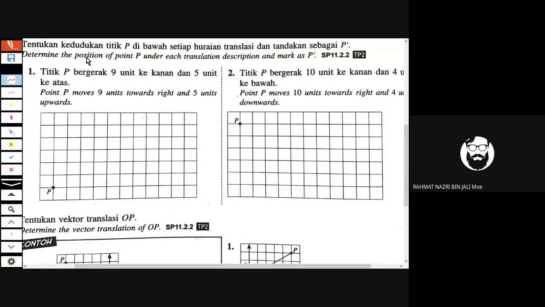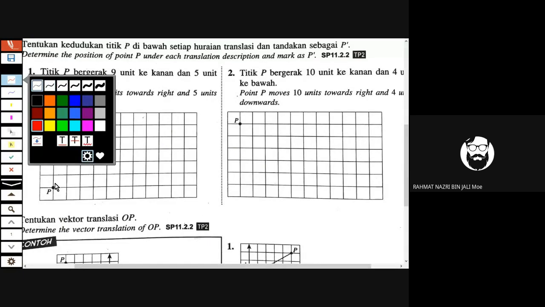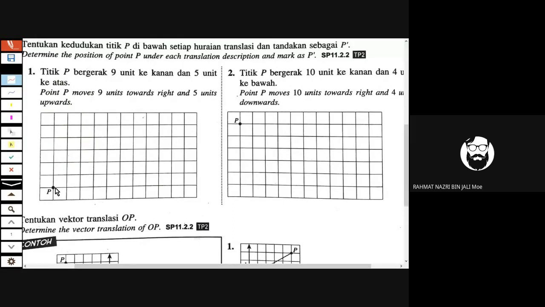Determine the position of P under each translation description and mark as P prime. The point P moves 9 units towards right and 5 units upwards. So gerakkanlah 9 units to the right. 1, 2, 3, 4, 5, 6, 7, 8, 9.